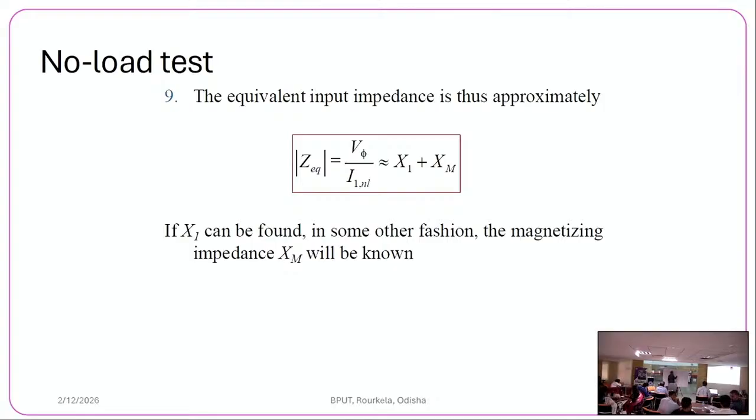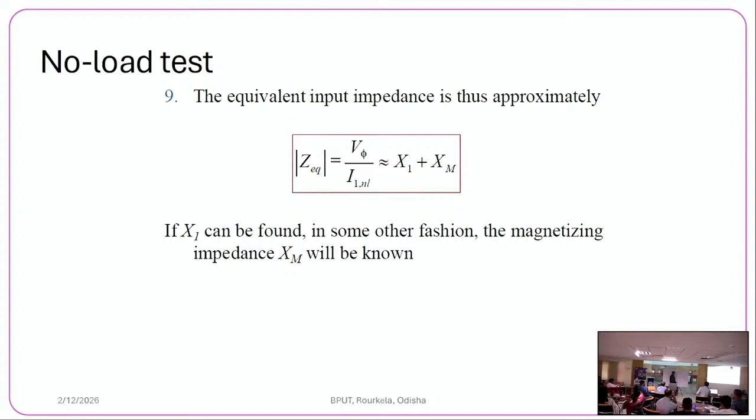You have applied the no load voltage V1 and measured the no load current I1. R2 dash by S is nearly equal to infinity, because open circuit, so this resistance we will not consider. So Z, the no load impedance, is V1 by I1.